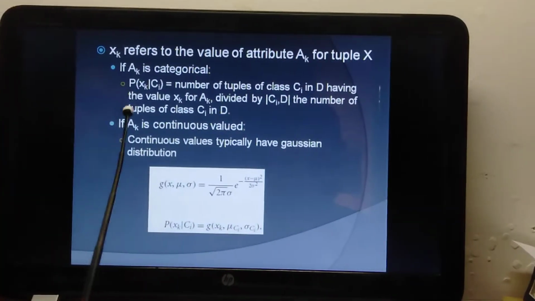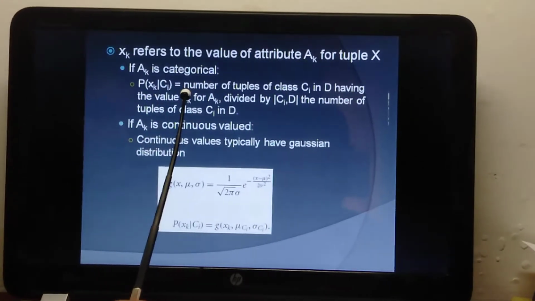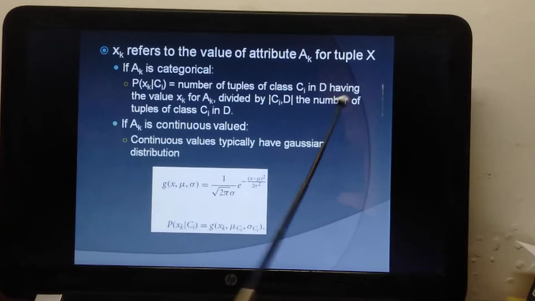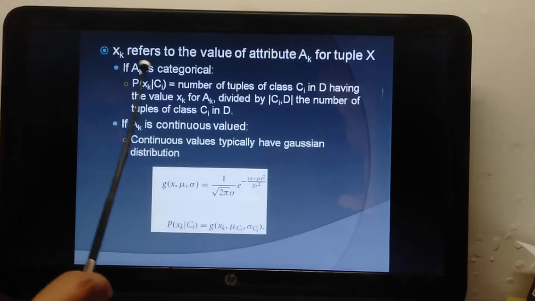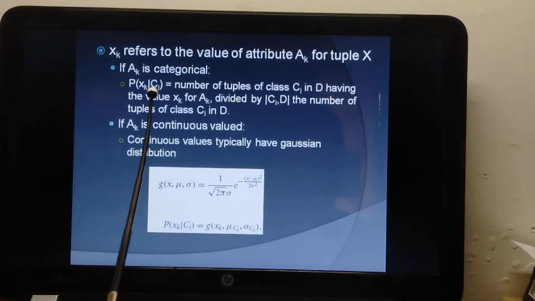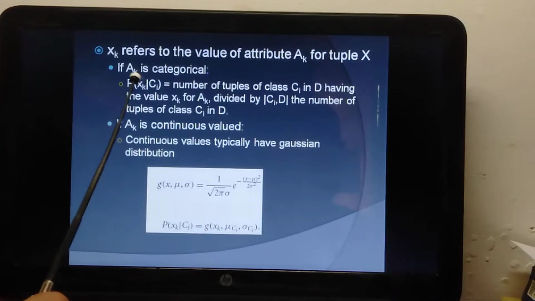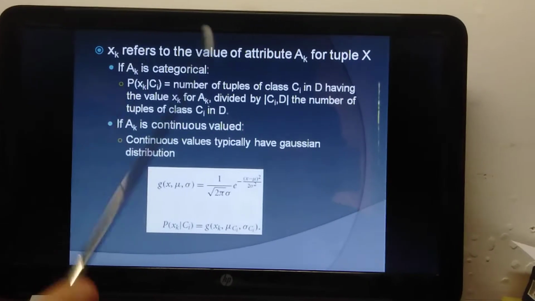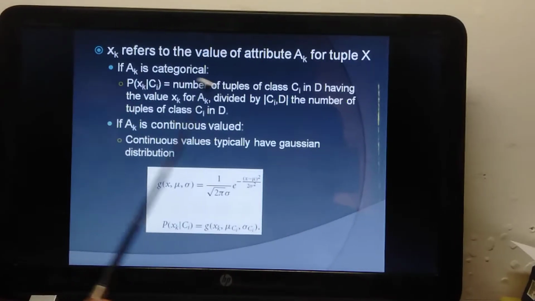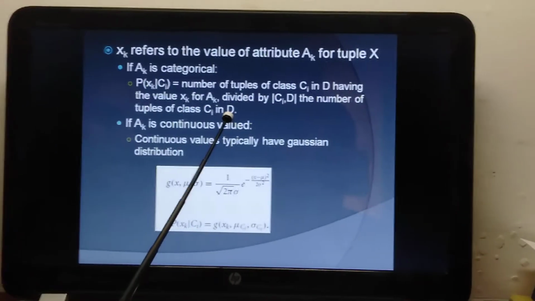Supposing the probability of xk given Ci is equal to the number of tuples of Ci in D having the value xk for Ak, divided by the total number of tuples in Ci.